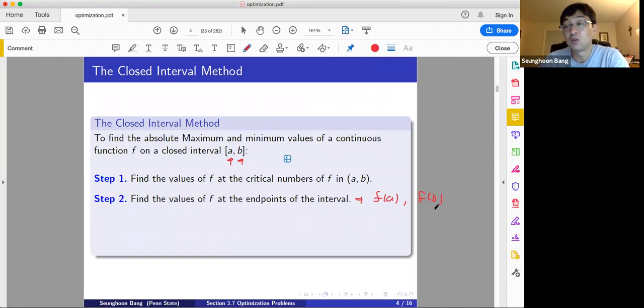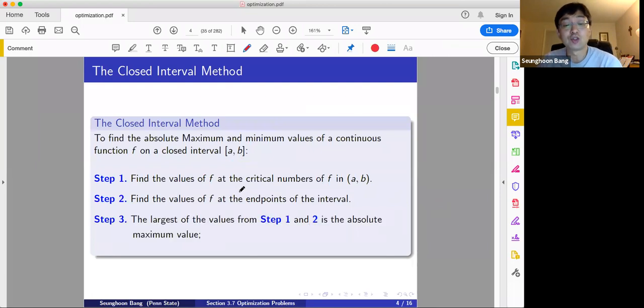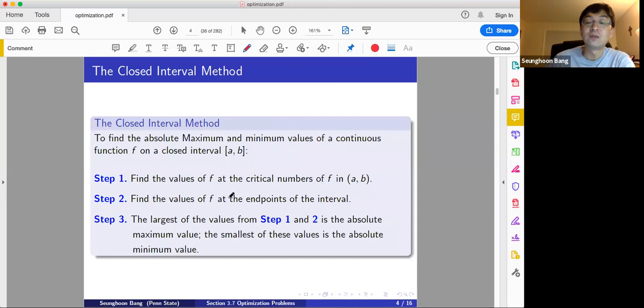Step 3, from steps 1 and 2, the largest of these values is the absolute maximum value, and the smallest of these values is the absolute minimum value. So this is the idea for finding the absolute maximum and absolute minimum.